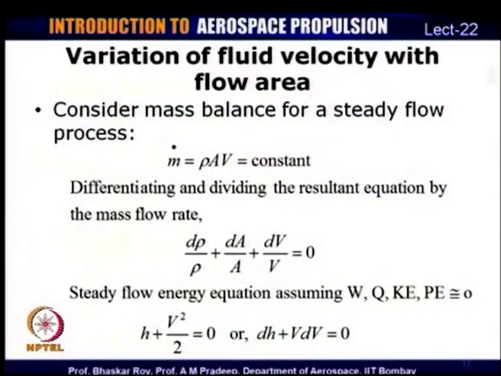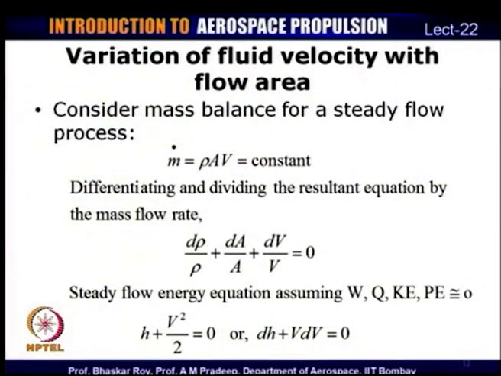And so, what we will do now is look at the variation of fluid velocity with area, and derive an expression which relates the area ratios and fluid velocity with the Mach number. Which means that for different Mach numbers we can see how area and velocities are related. For deriving the expression, we consider a mass balance for a steady flow process.